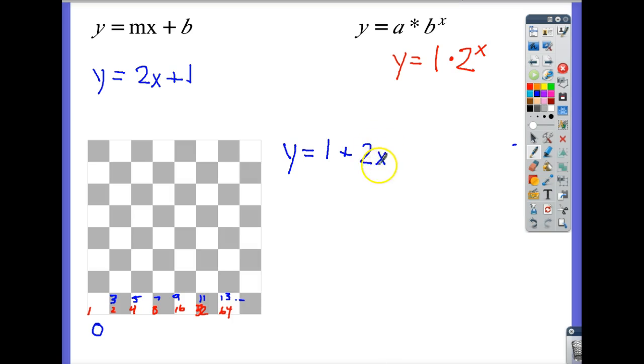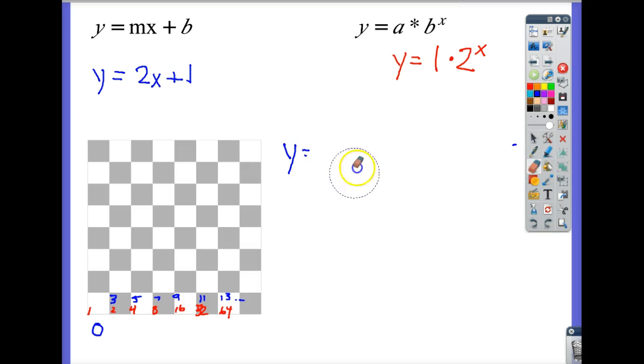So x is each time, because however many times we do something, that's how many times we're going to add 2. If I want to do it once, it's 1 times 2. If I want to do it twice, it's 2 times 2. If I want to do it 3 times, it's 3 times 2. This is how many 2's that I'm adding. That's linear, adding each time.